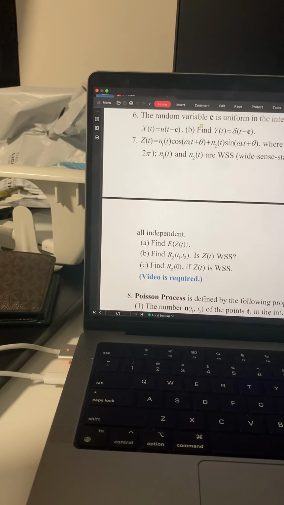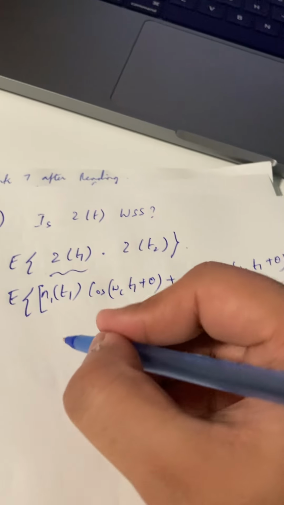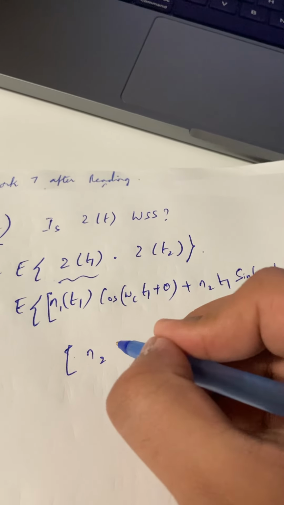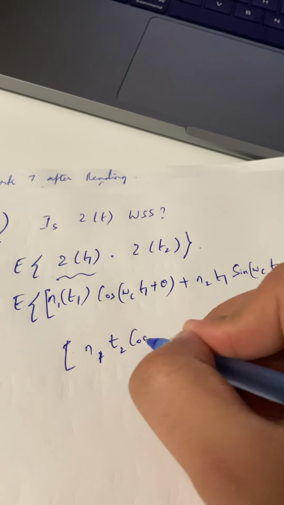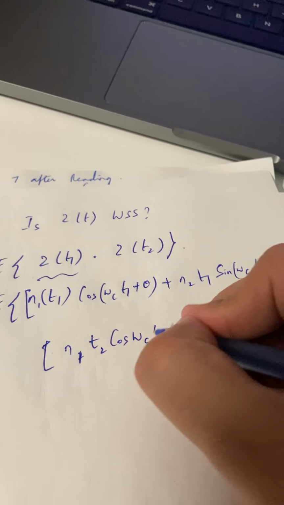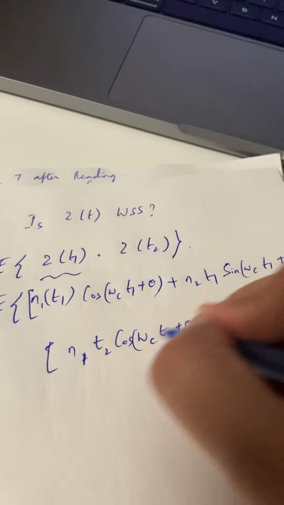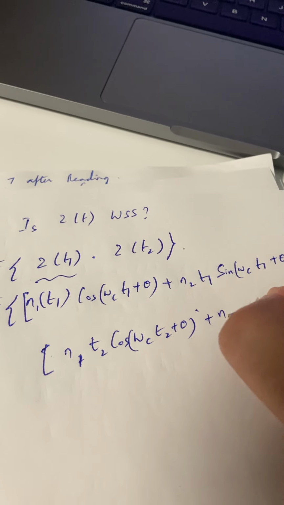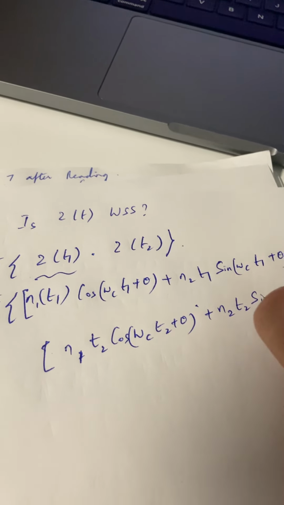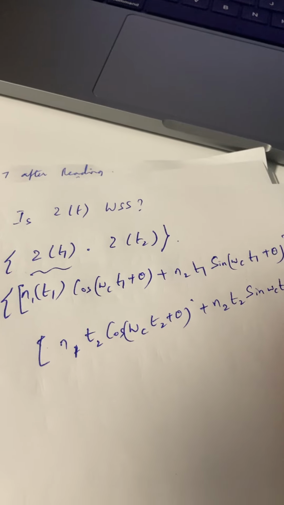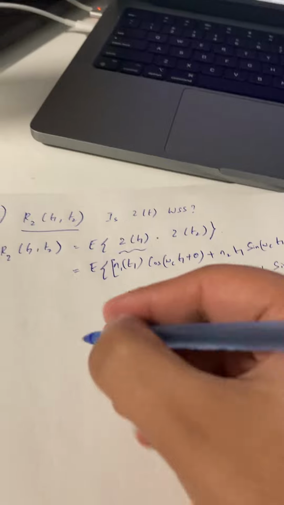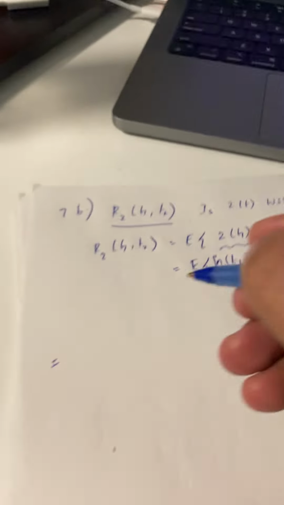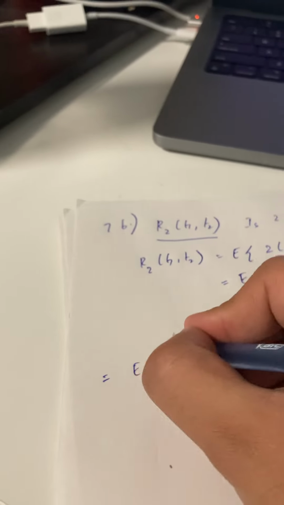This is basically the first equation, and similarly for t2: n1 of t2 cos of omega c t2 plus theta, plus n2 of t2 sine of omega c t2 plus theta. Let us separate the like terms first.